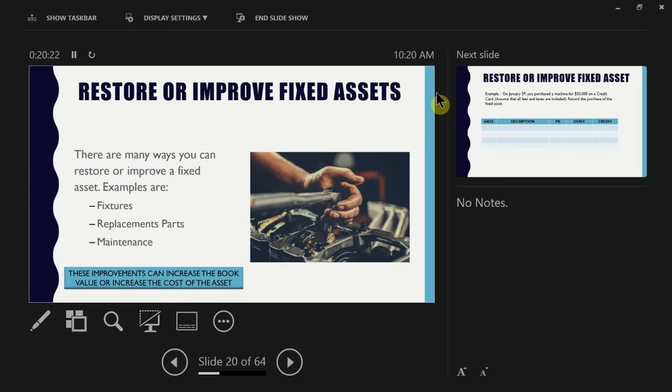So in this case, any improvement will either increase the book value, or you actually have the option to increase the cost of the asset. Okay, so there are two ways that you can record this if you choose to fix your machine or replace some parts to continue having it operating in your business.